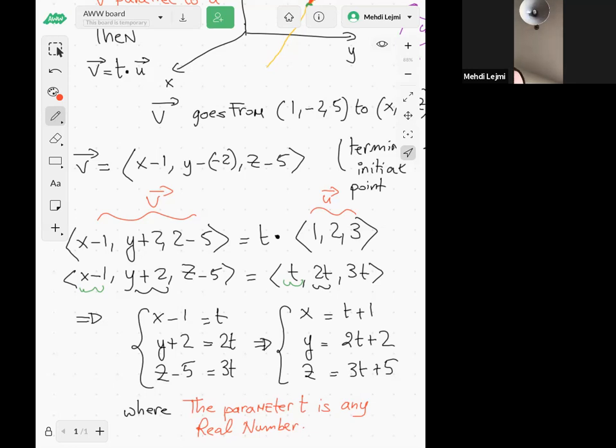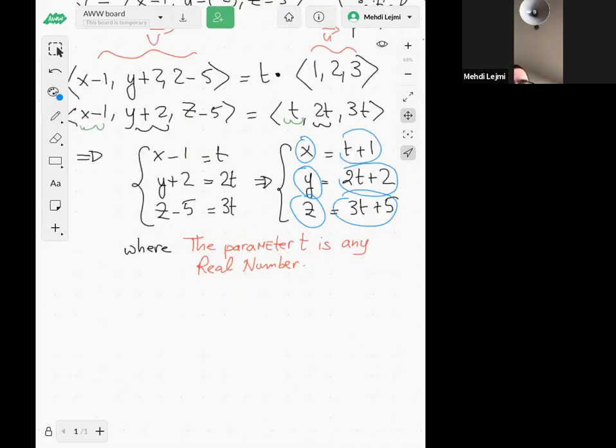Here, guys, you can see your x is a function of t, your y is also a function of t, and z is a function of t. That's exactly the definition of a path or a curve. So the conclusion is that we get this curve or path.